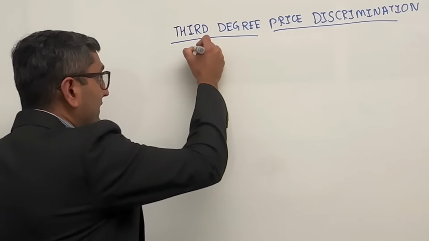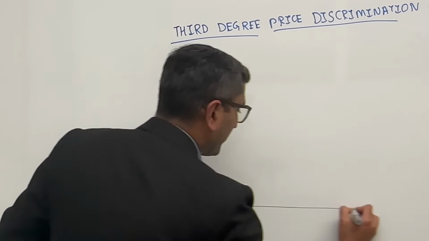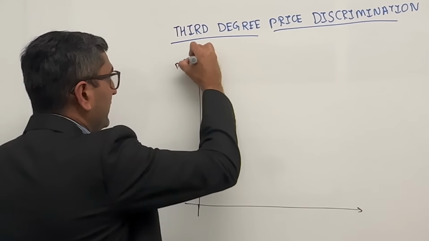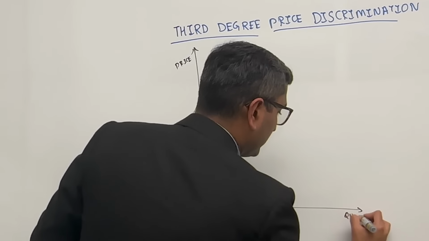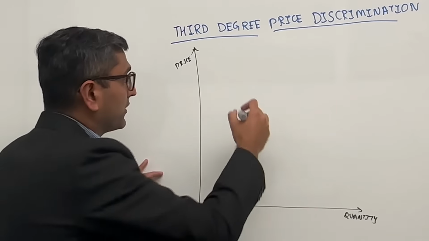So let's draw this. How would we charge for this group? We have price, quantity, and we have two demand curves.